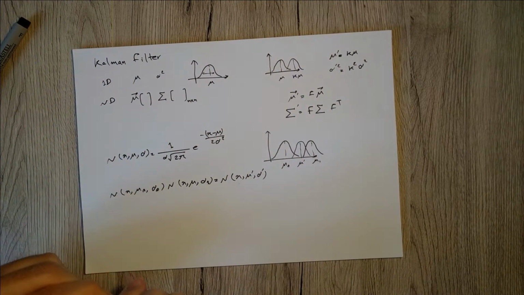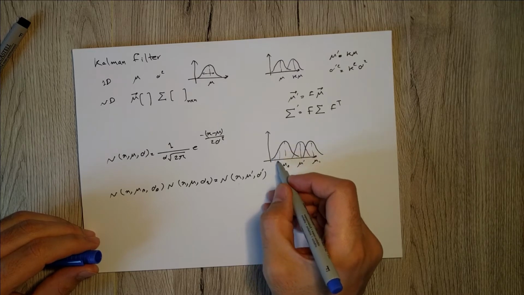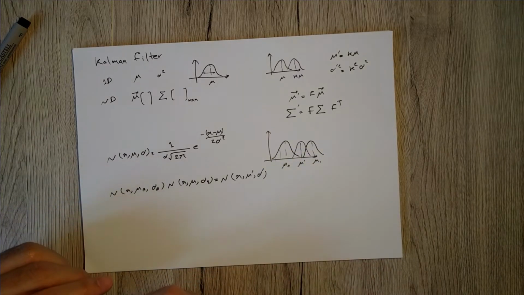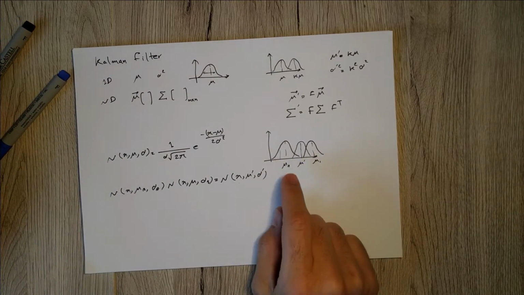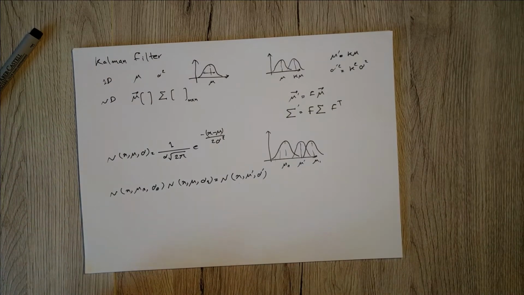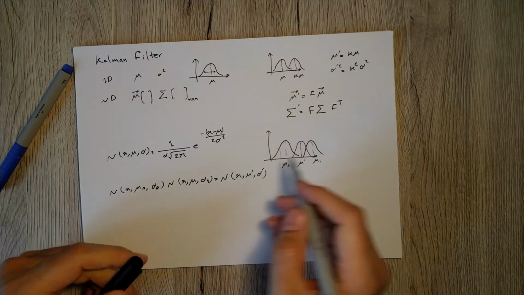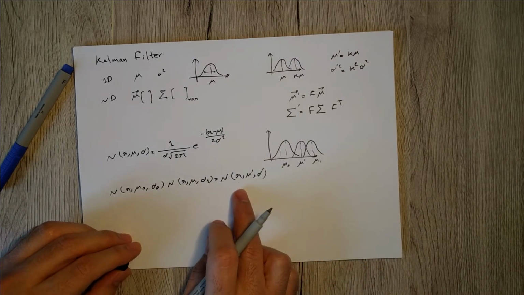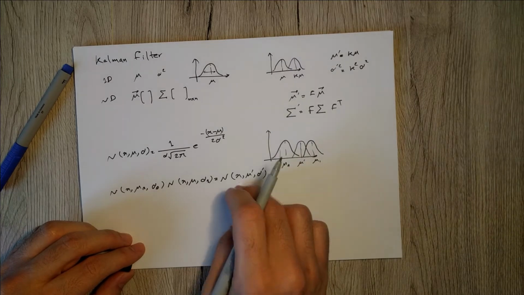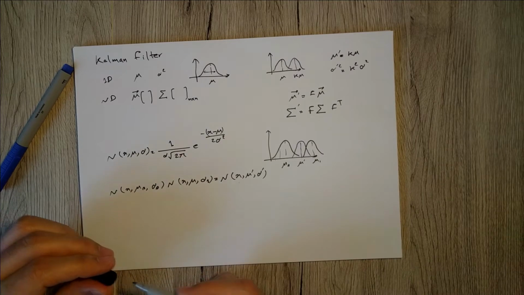Only the integral over a specific period like A and B is something meaningful, and it's a probability. So the chance of being between A, for instance this point, and this point is a probability. And the integral over this Gaussian from minus infinity to infinity should be 1. So when you multiply these two, in order to still have a valid probability density function, we have to normalize it.